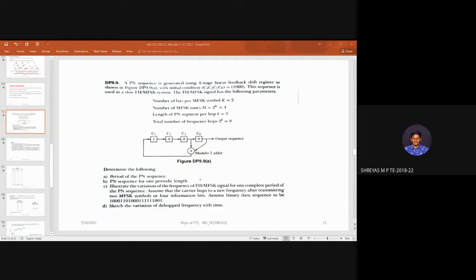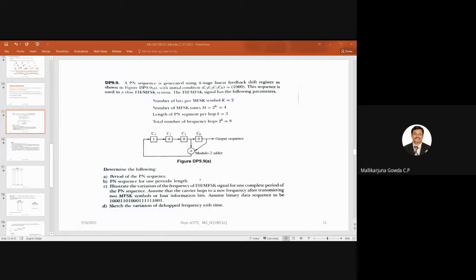Next is 1010. Output bit will be 0. The next is 1101. Very good. Output bit will be 1. Right. Next is 1110.